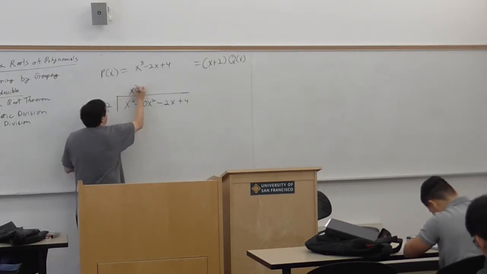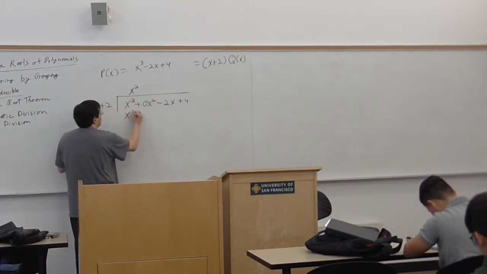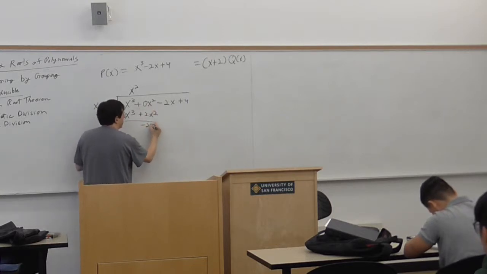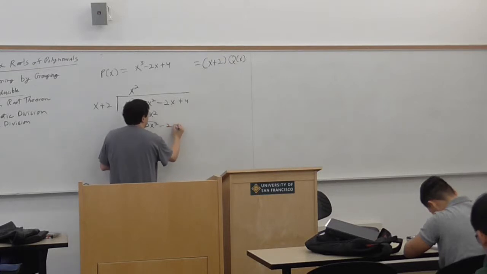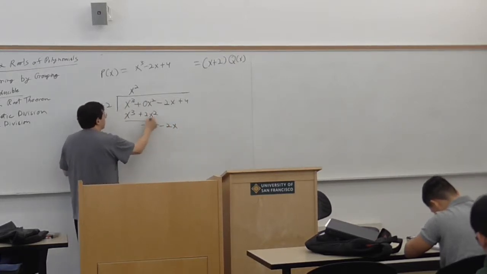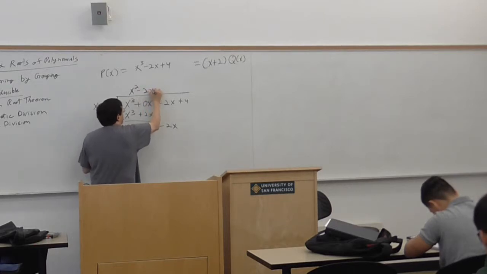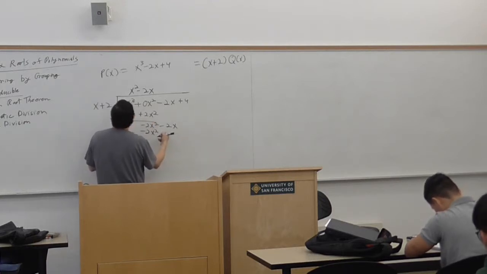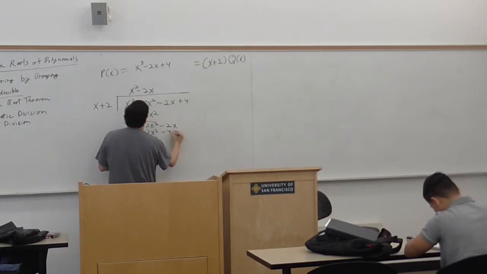This is x squared, so x cubed plus 2x squared. See why that was important to put there? 0 minus 2 is minus 2x squared. Bring down the 2x. x into minus 2x squared is minus 2x, times x plus 2 gives minus 2x squared minus 4x.